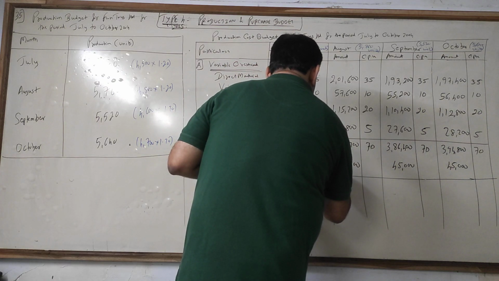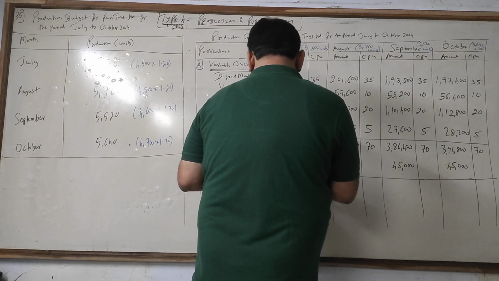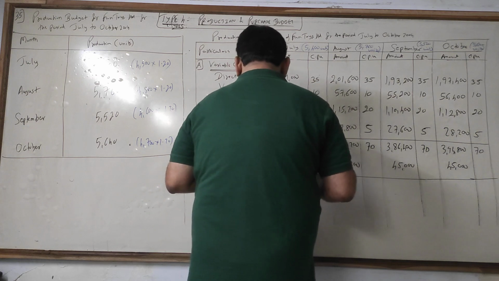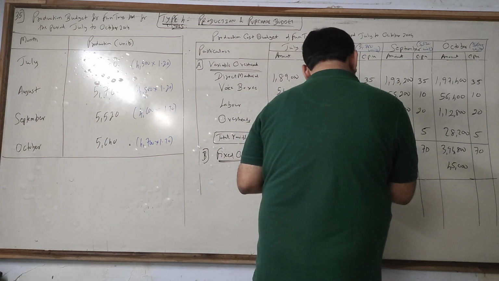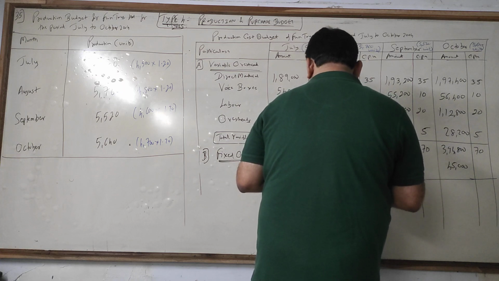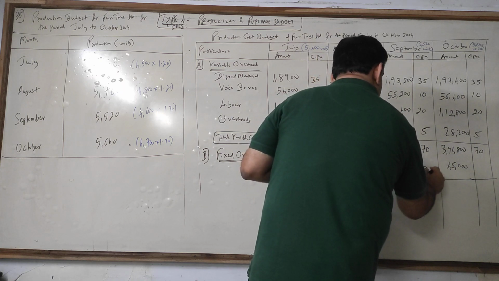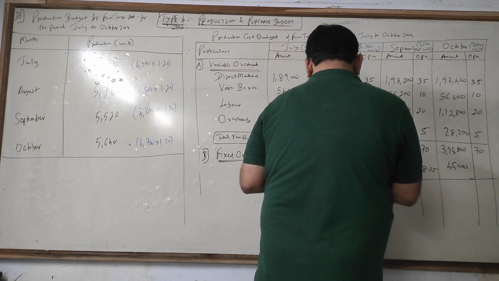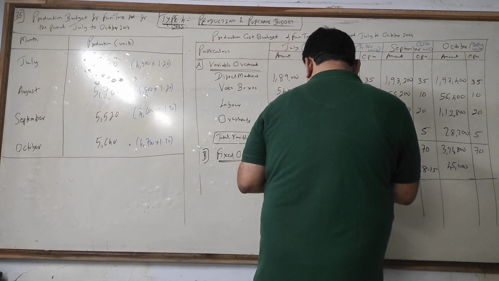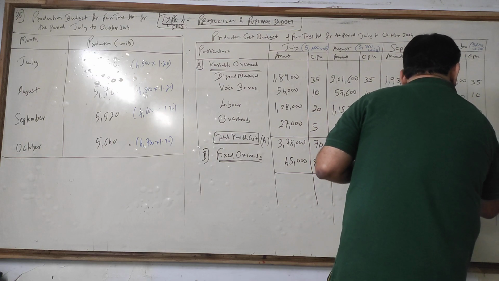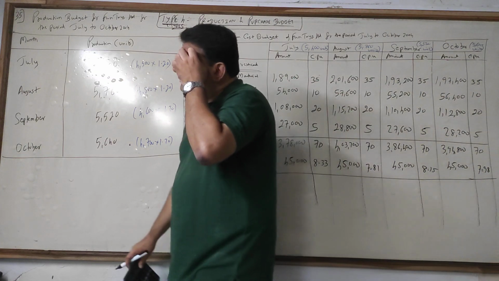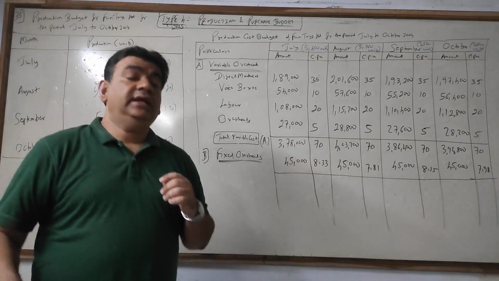So this is 8.33, 7.81, 8.15, and 7.9. Getting it?